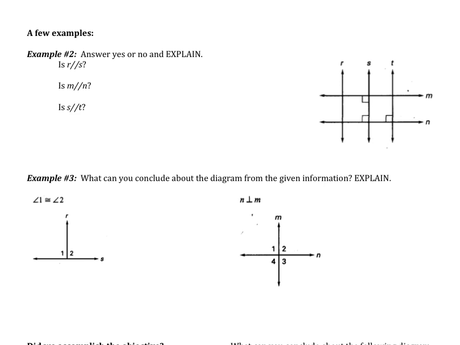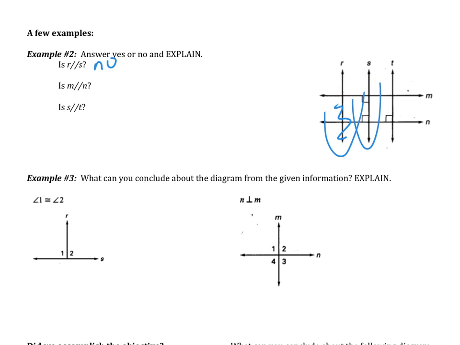Page 2. On this one, reminder that you can only go based upon information given, so we're not going to assume anything. So if I look at R and S, is there any angle on R that relates to S? Well, line R doesn't have anything on it, so there's no way to show that they are parallel. Okay?